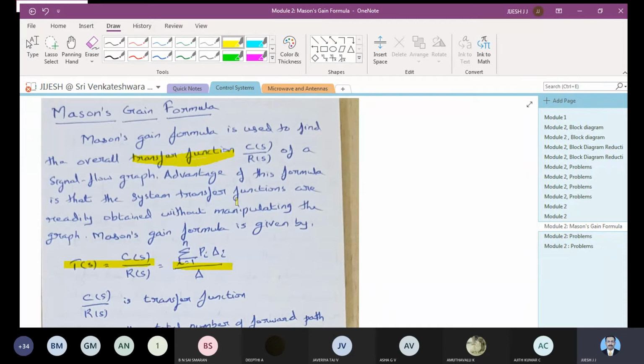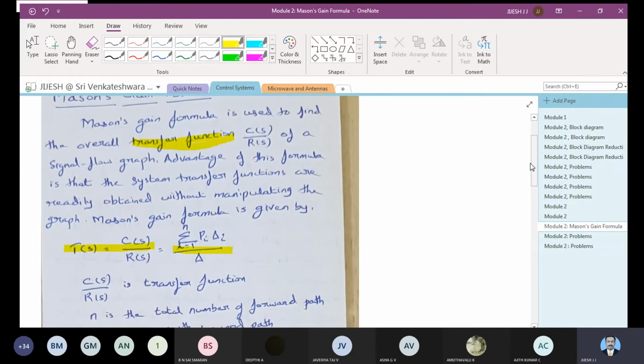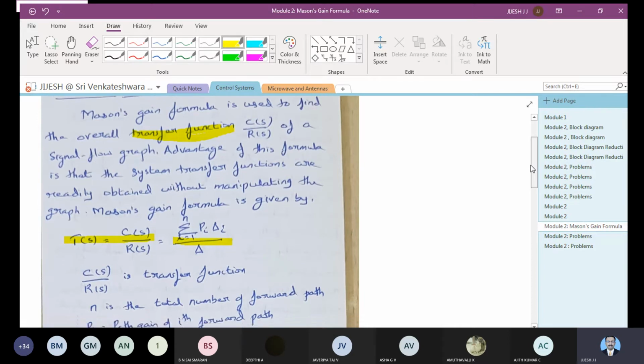We will see what delta and delta i are. P is the forward path. Pi stands for, like in the previous example, the two paths P1 and P2. But delta and delta i we have to understand, what they are really all about.